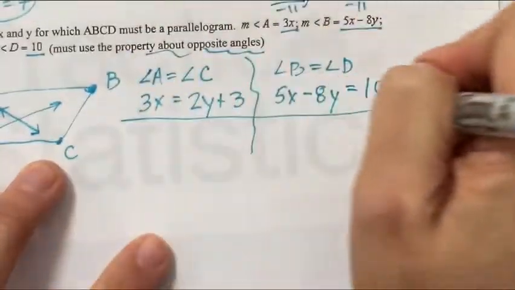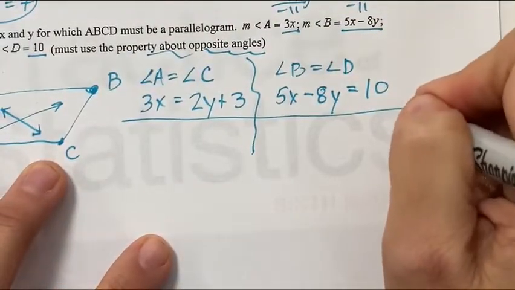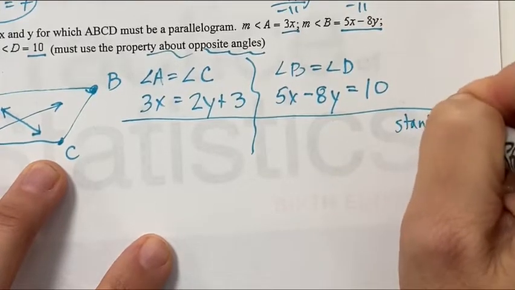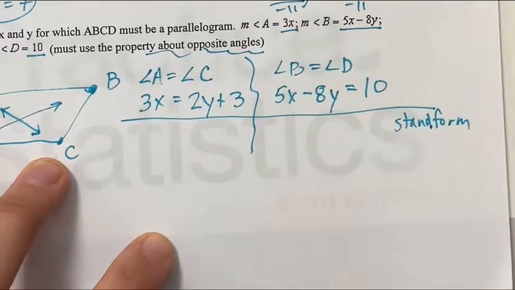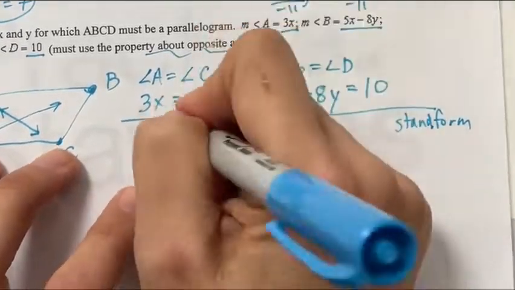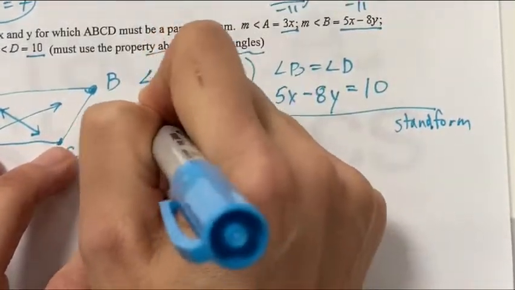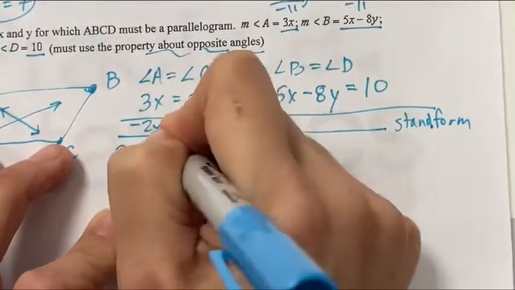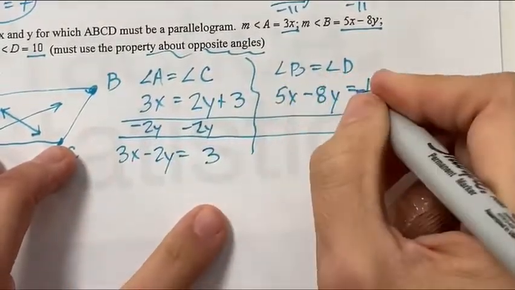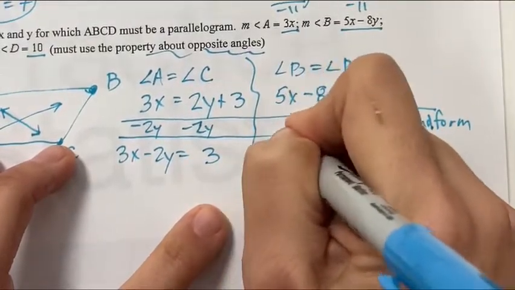So I've got to use the elimination method. Let's turn it into standard form. Standard form would state, get the x's and the y's on the same side. So that'd be 3x minus 2y equals 3. And this one's already in standard form.